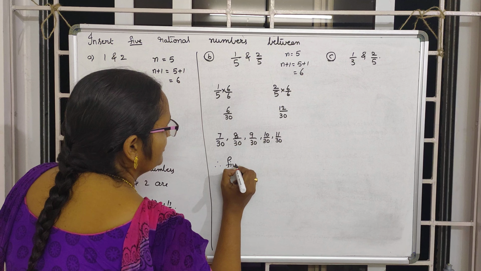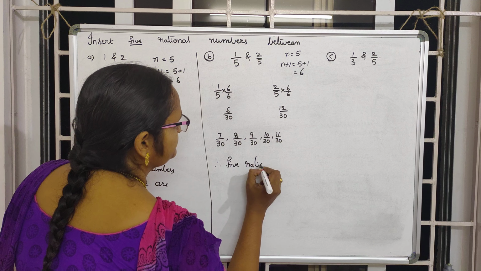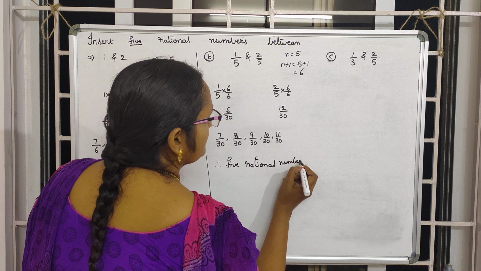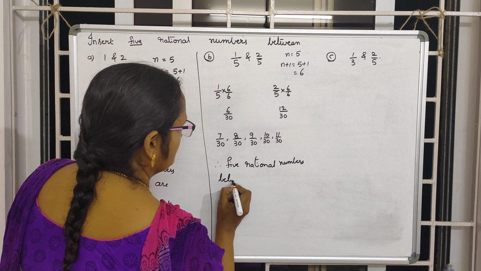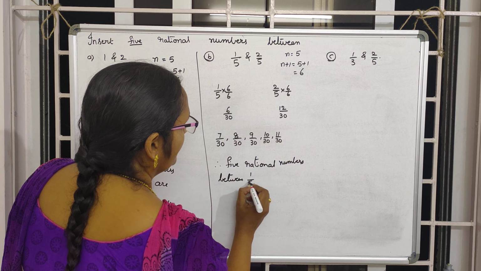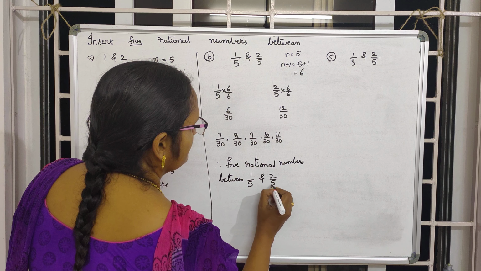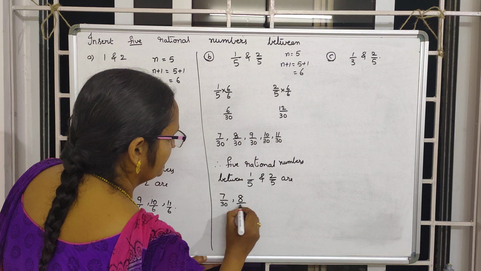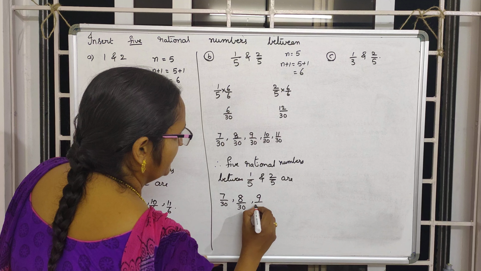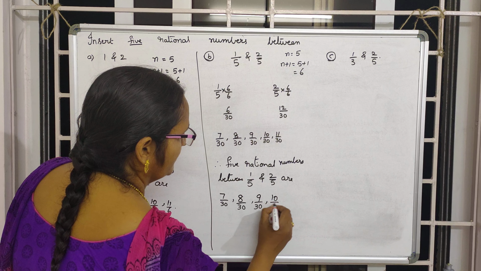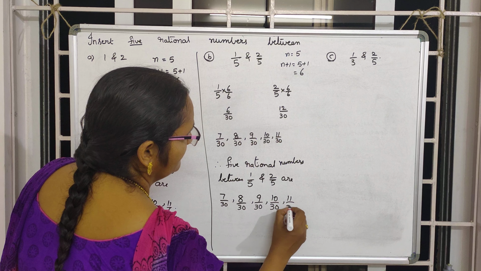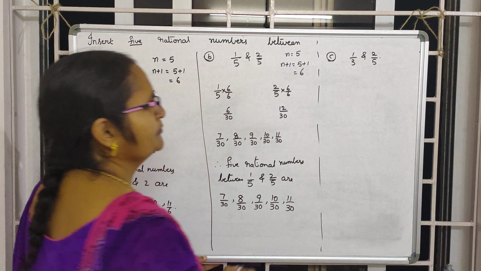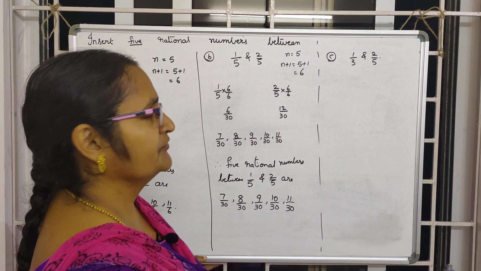Therefore, the 5 rational numbers between 1 by 5 and 2 by 5 are 7 by 30, 8 by 30, 9 by 30, 10 by 30, 11 by 30. Clear?